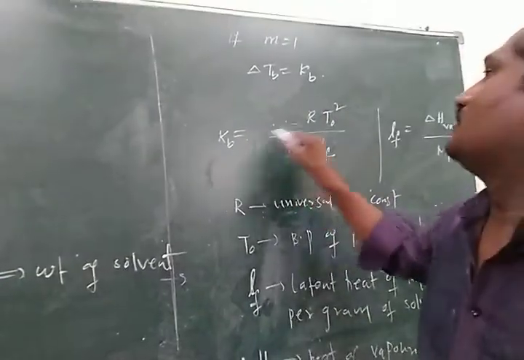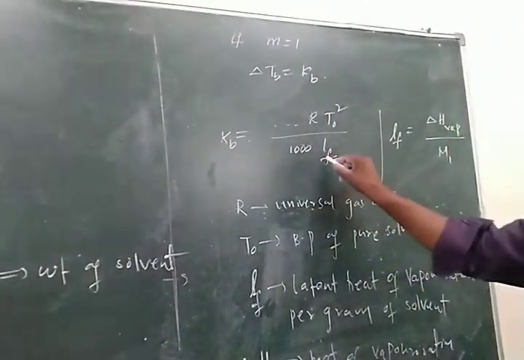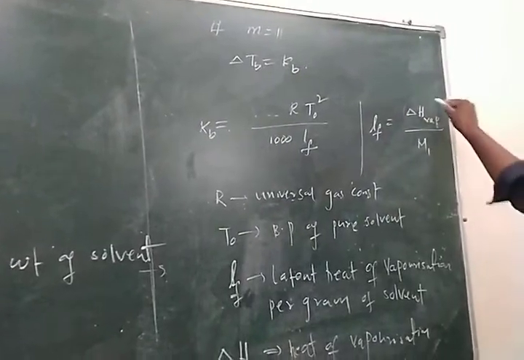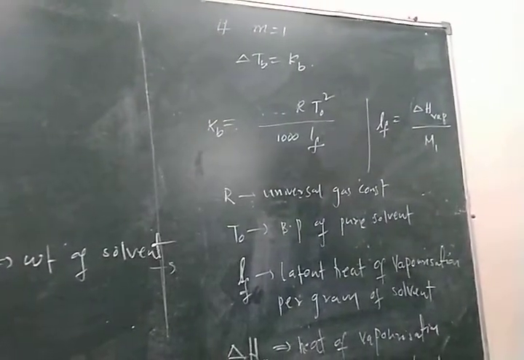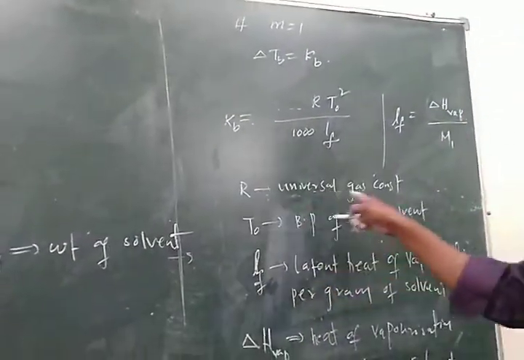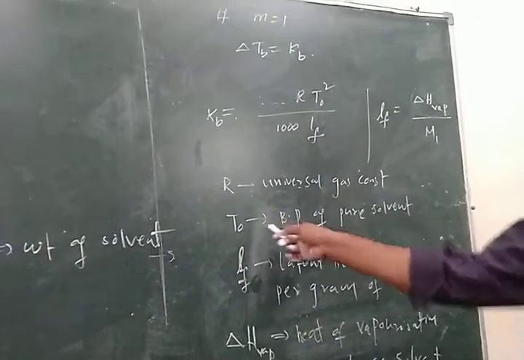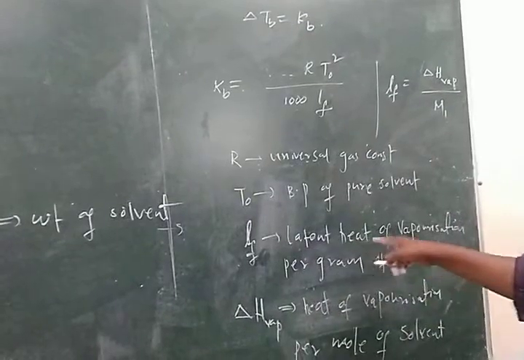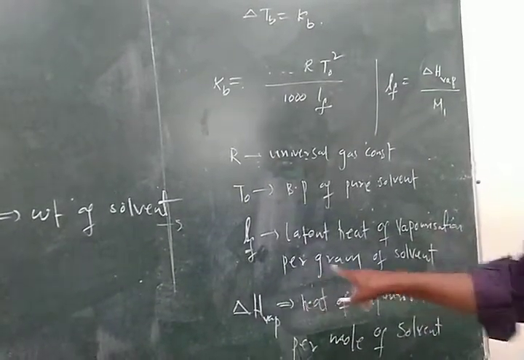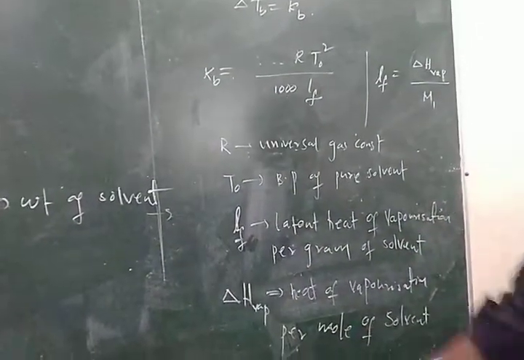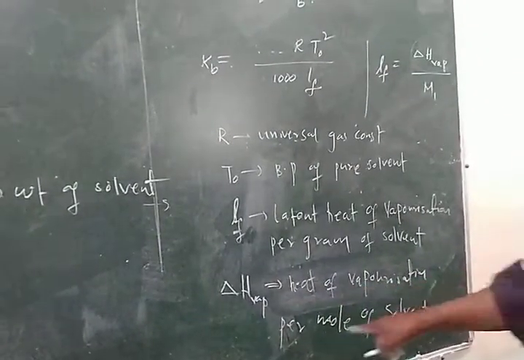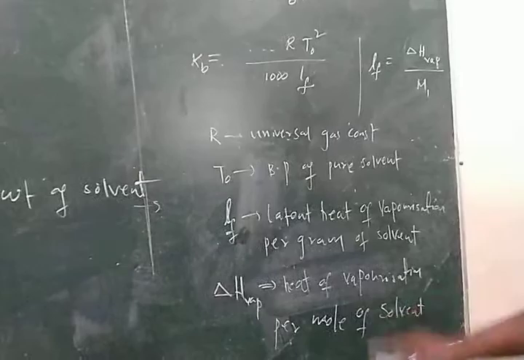Now Kb equals R T naught square by 1000 Lv, where Lv is the enthalpy of vaporization by molecular mass of solvent. Here R is the universal gas constant, T naught is the boiling point of pure solvent, Lv is the latent heat of vaporization per gram of solvent, and delta H vaporization is the heat of vaporization per mole of solvent.